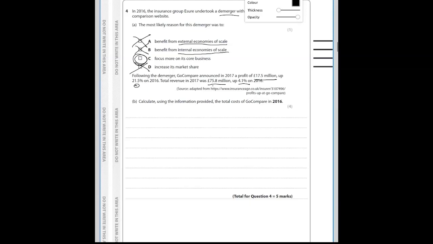Okay, so my profit for a business is going to equal my total revenue minus my total costs. So if I want to calculate total costs, I'm looking at total revenue minus profit, just to rearrange the equation.